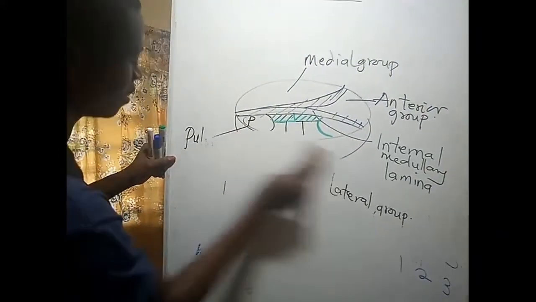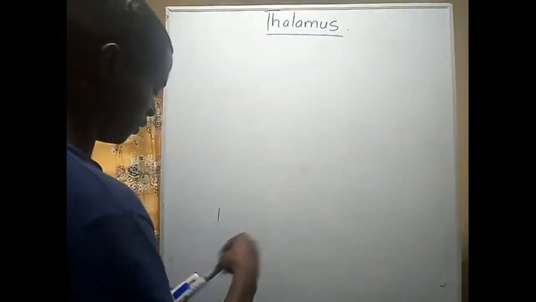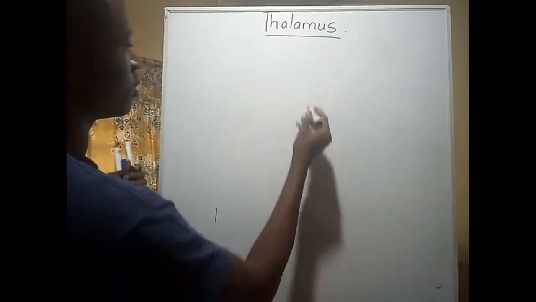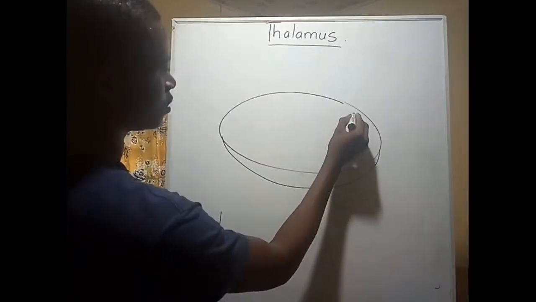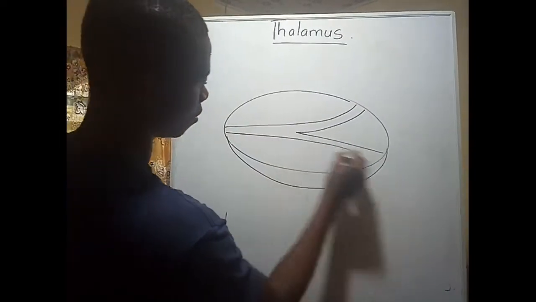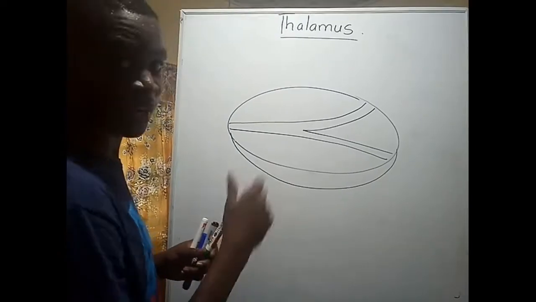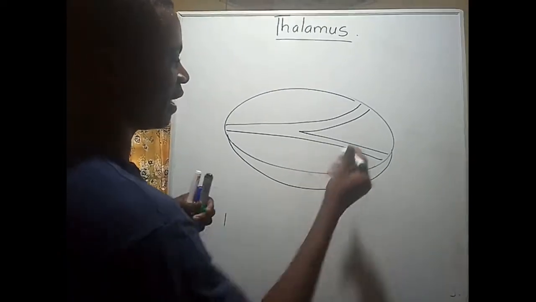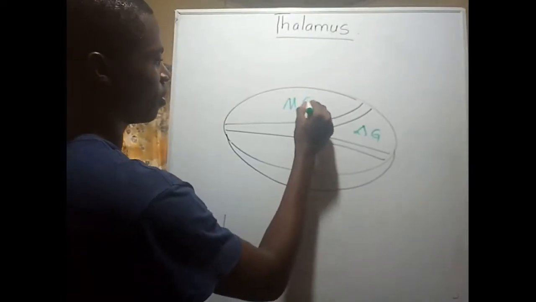Now let me draw a nice diagram of the thalamus so that we see. Good. So you can go through this with me. We have the anterior group, we have the medial group.